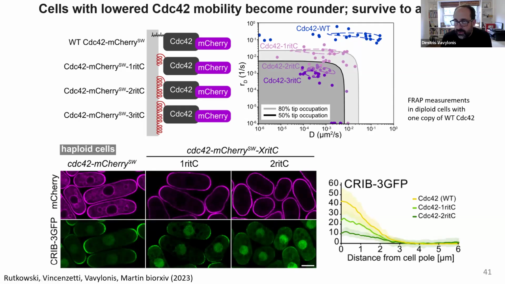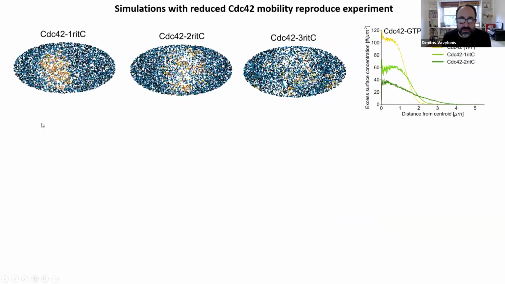And that's because the flow is displacing it. And this is what the model predicts, that with increased reduction in mobility, the patches will get weaker and broader. Eventually, it is lost.